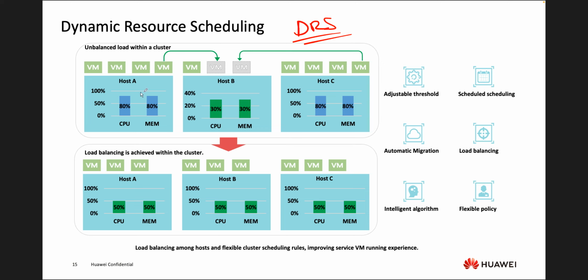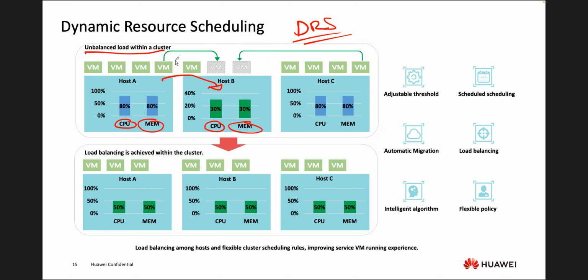If you look at this here, you have an unbalanced load within a cluster. Here you have a VM, a VM, a VM running. You can see the CPU is being used on this host at 80%, memory 80%. Here again, you have low resources: a CPU running at 30%, memory 30%. So what's going to happen is, because this is at 80%, it's going to move the VM across to that host. This is obviously not the pool group or the cluster that you saw previously.